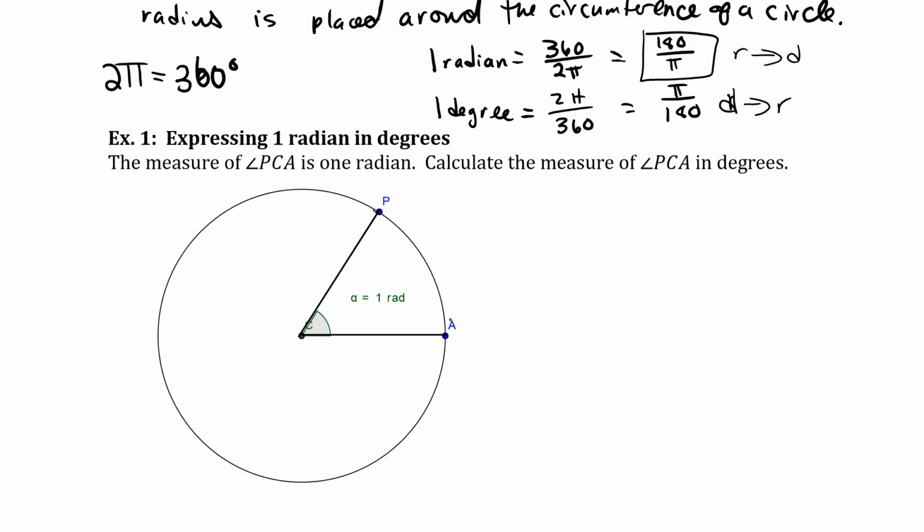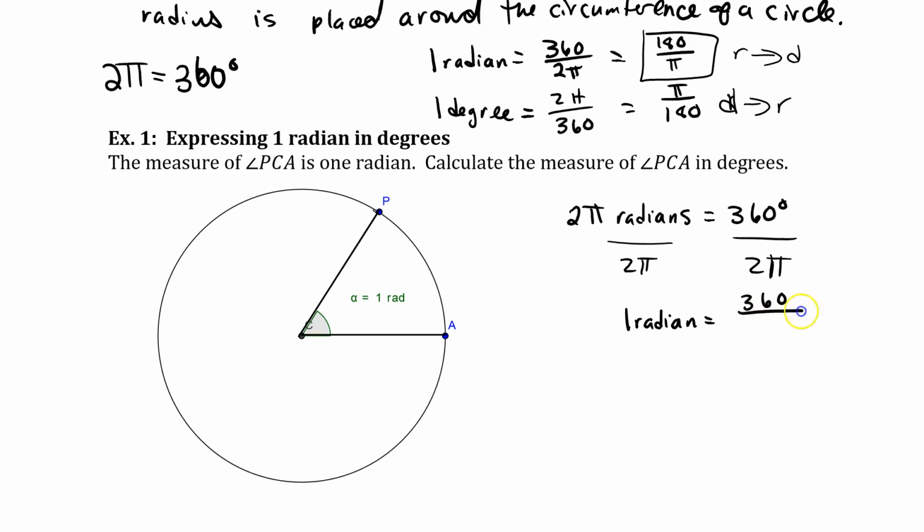So I'm going to say 2 pi radians equals the whole circle. So that means 360 degrees. So if I want to get 1 radian, we're dividing both sides by 2 pi. 2 pi divided by 2 pi is 1 radian, equals 360 over 2 pi, which is 180 over pi.